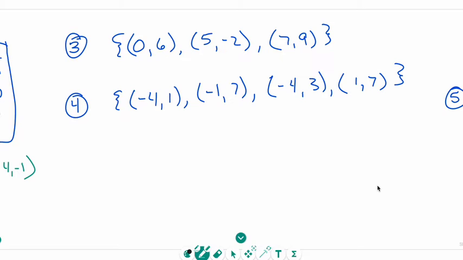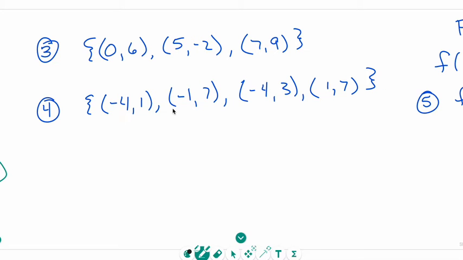All right, here we have a list of two relations. We're going to check to see if this relation is a function. So I'm looking at a 0, I'm looking at a 5, and I'm looking at the 7s. So all of the x values are different, which means yes, this is a function.